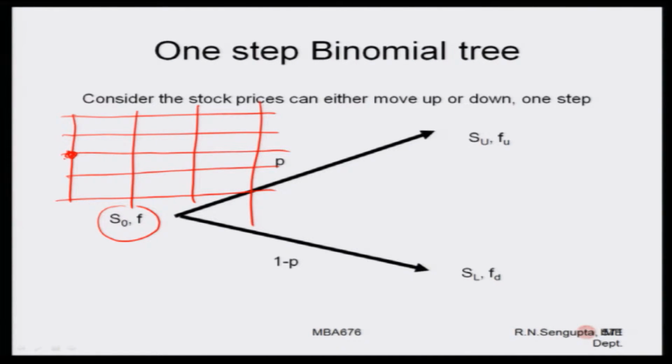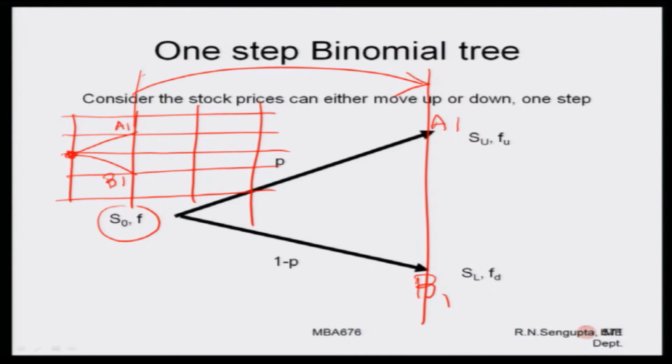Now, if it is a two step process, it will either move up or go down. So, this point which you had is A1, and the other point is B1. That means this diagram is for this plane.